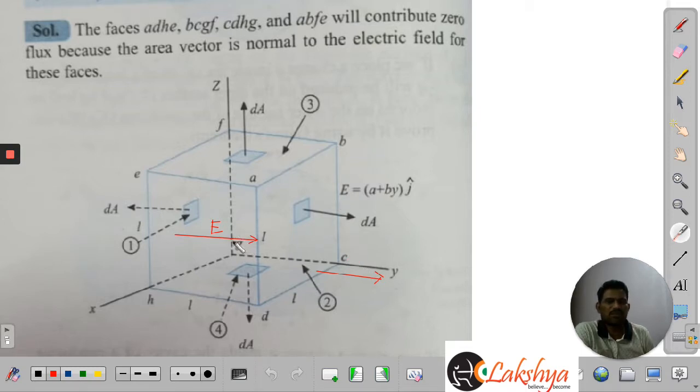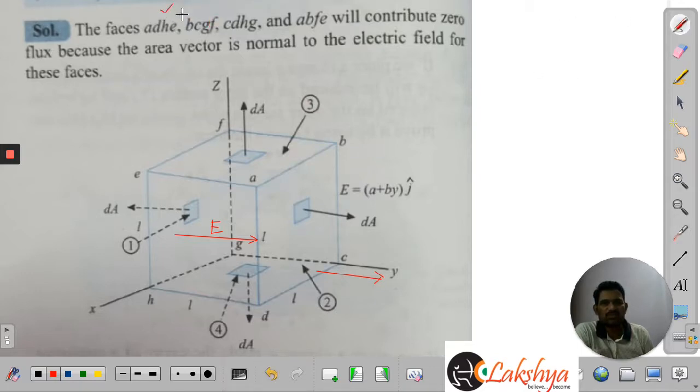The electric field will again be parallel to this surface, and the area vector will be simply opposite to this, along the negative x direction, because for this face it is the positive x direction and for the opposite face it is the negative x direction. So there also the field is parallel to the plane and the area vector is perpendicular to the plane, so the flux passing through that surface is also 0. This is the second surface.